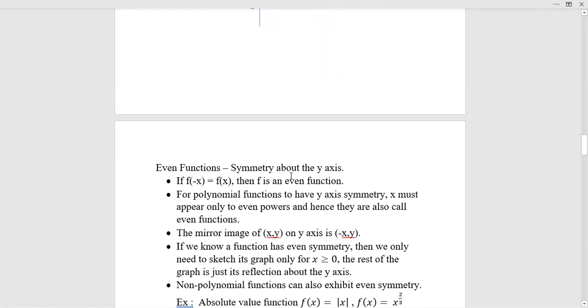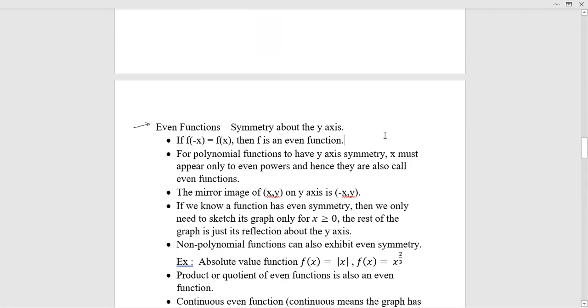Now we move on to symmetry, finding symmetry. Let's first discuss the even functions. Even functions mean symmetry about the y-axis.